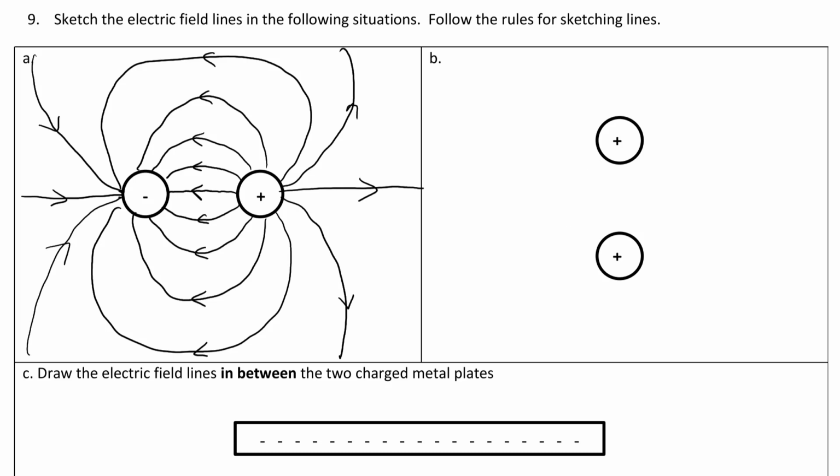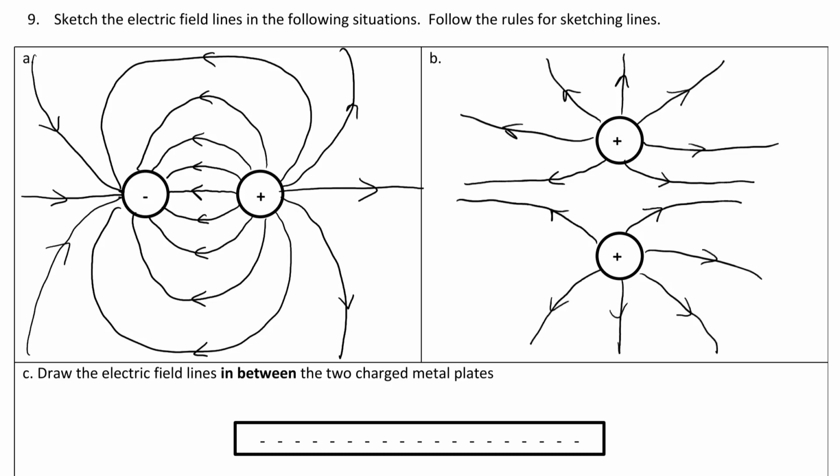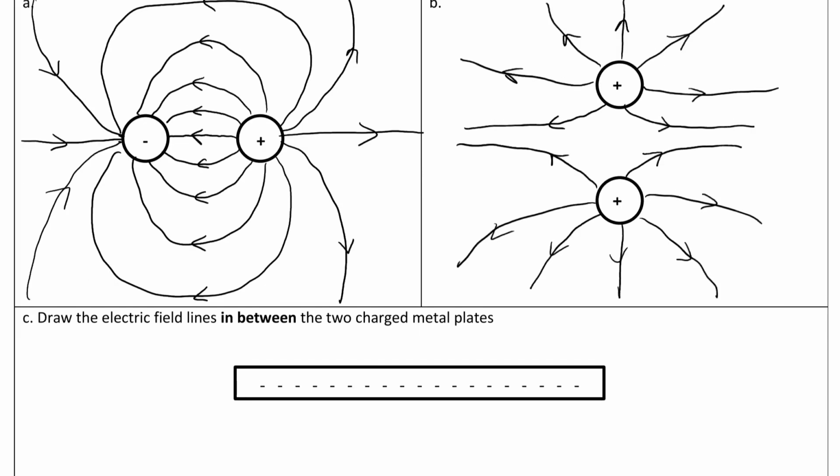They're pretty close together, and you don't want the field lines to cross. That's important. You want to try to be as symmetrical as possible with this. And something like that would suffice. They're all pretty curvy, except for that one. Okay, so that's the idea there. Again, an A for effort.